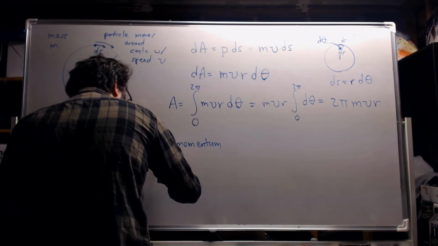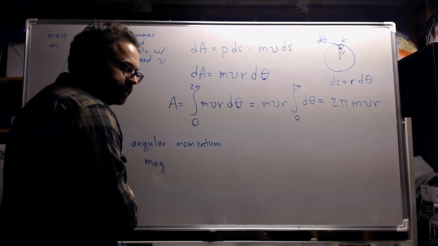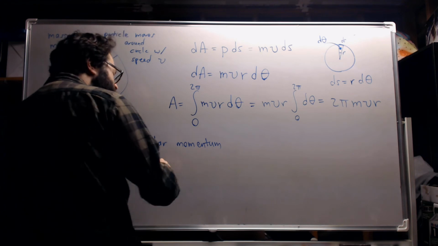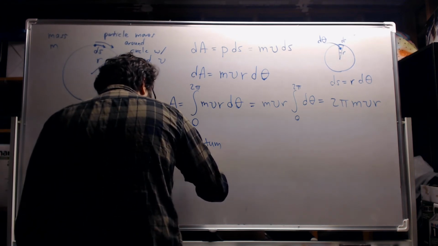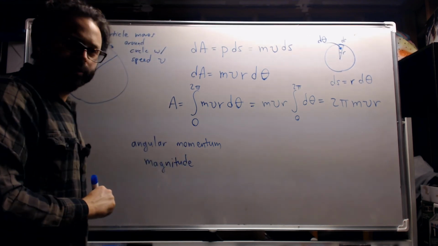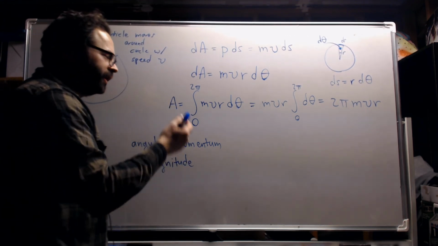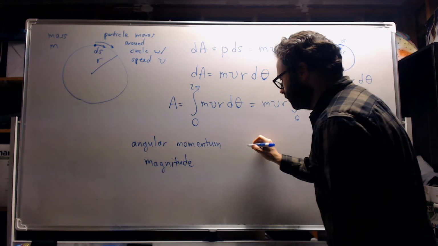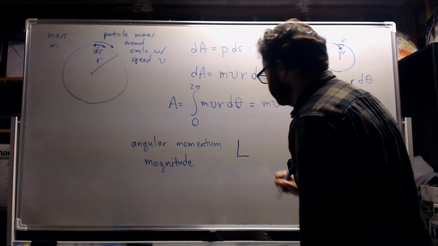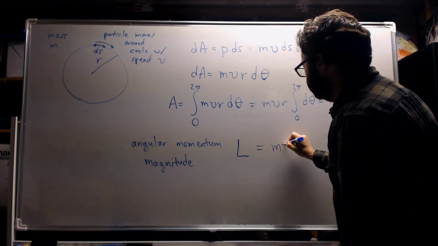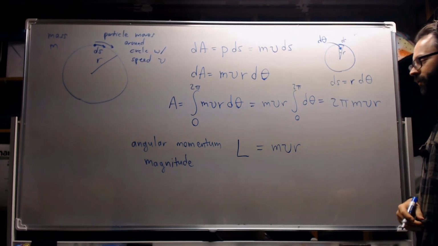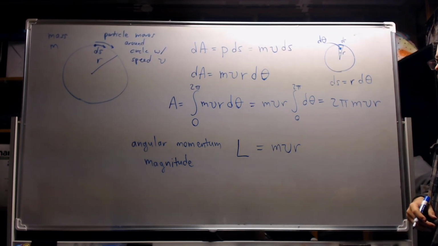Angular momentum is a vector, so it has a direction and a magnitude. The magnitude of the angular momentum vector is a quantity that is extremely important in rotation of any kind. The angular momentum magnitude we're going to call L, and it is equal to m v r for the particle that moves around the circle with a constant speed v.